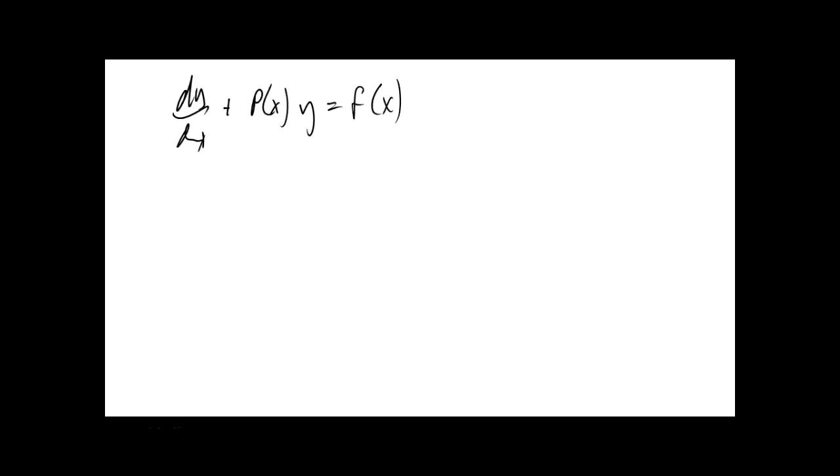Okay. Suppose again that the p and the f here are continuous on some common interval I. And the steps leading to 4, which was how we came up with our solution, which we don't ever use that form, okay?